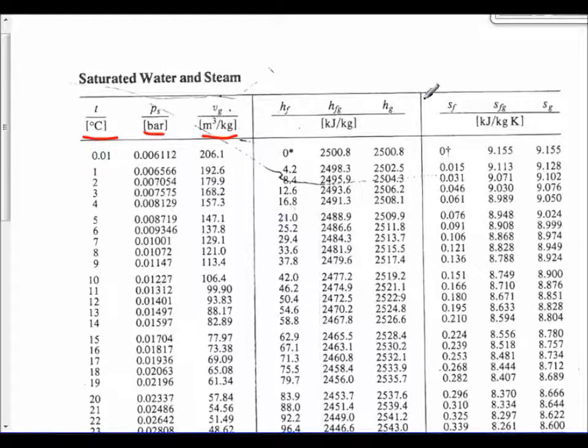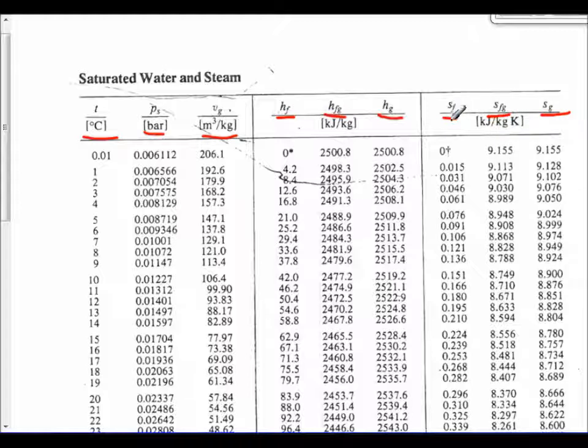In the center of this page, we have our enthalpy values. We have HF, which is our enthalpy of saturated liquid, HFG, which is our enthalpy of evaporation or vaporization, and HG, which is the enthalpy of dry saturated vapor. Out on the right hand side, we have our values for entropy, and again SF, SFG, SG.